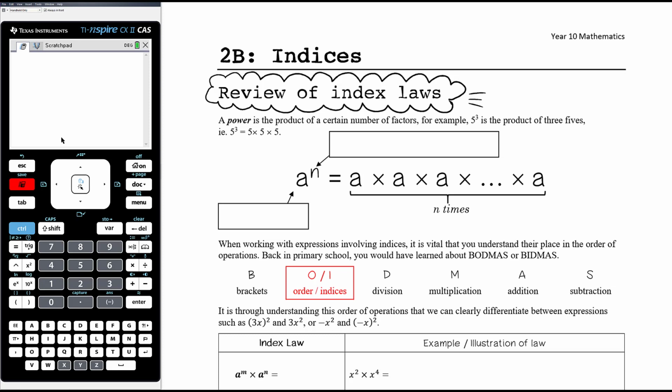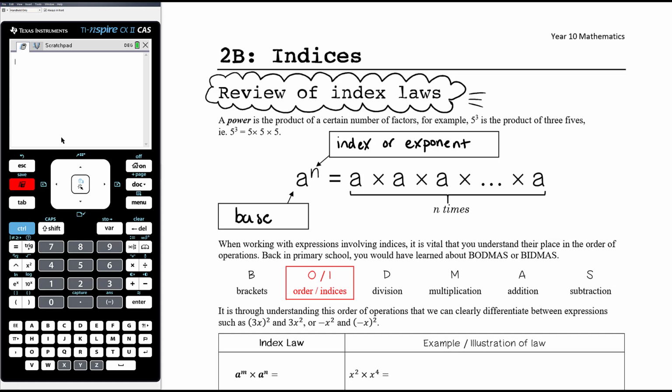So for example, a to the power of n means a times a times a times a times a, n times. Okay, when we talk about a to the power of n, the whole thing is called a power. A is the base of the power, okay, and n is the index or the exponent.